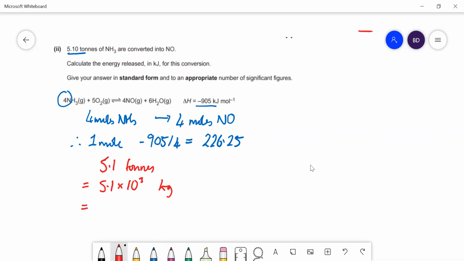How many grams have we got in a kilogram? It's 1,000, so that's equal to 5.1 times 10 to the 3 times 10 to the 3 grams. Of course, that's equal to 5.1 times 10 to the 6 grams. Now let's work out the number of moles of ammonia.